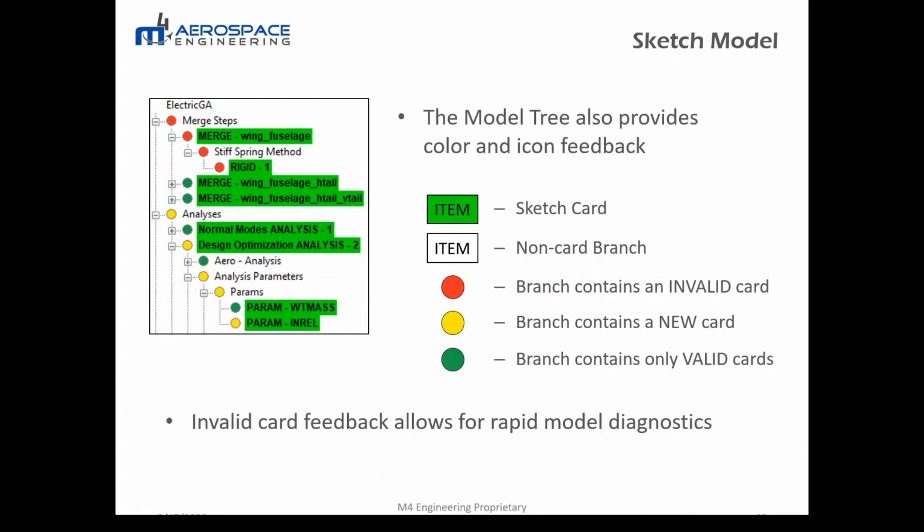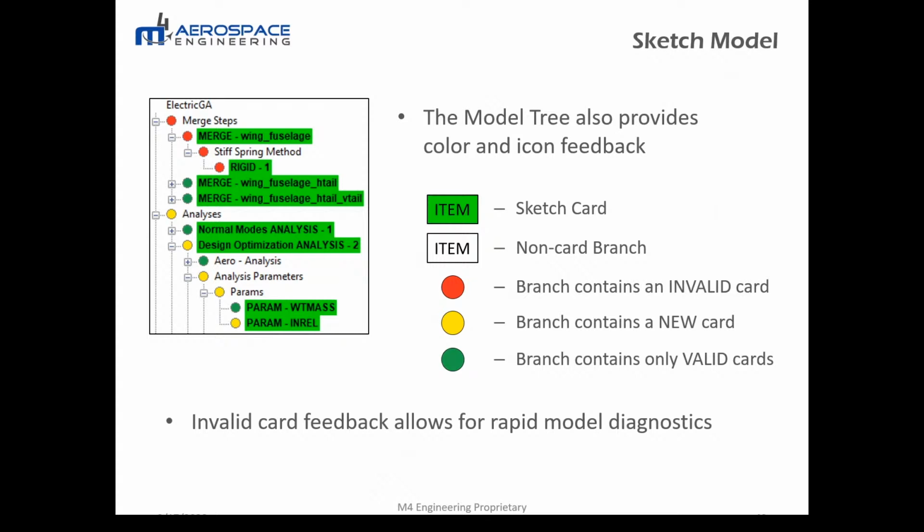Furthermore, the model tree is color-coded to help troubleshoot any problems with the sketch model. Within the tree, all sketch cards are highlighted in green, while branches that are simply for organizational purposes are not highlighted. Then the colored circles can be used to locate any potential problems with the sketch model. Any card marked red will tell you what is wrong and will need to be modified or deleted from the model.